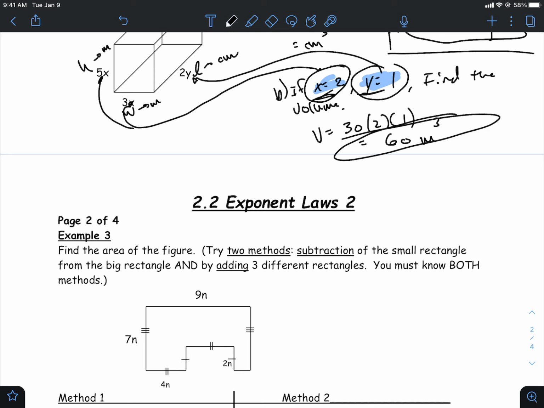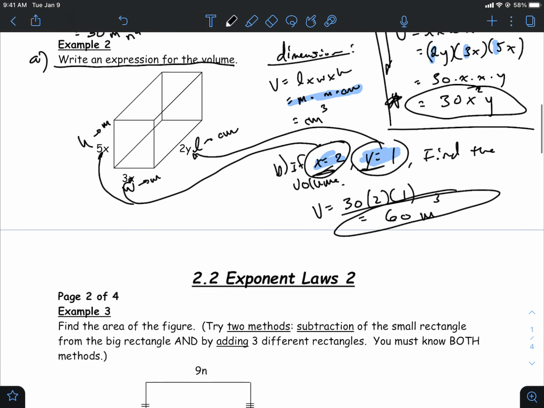Yes, Opal. Oh, sorry, yeah, I missed something. You're right, thank you. What's 2 squared? I missed the one. 30 times 4 times 1.